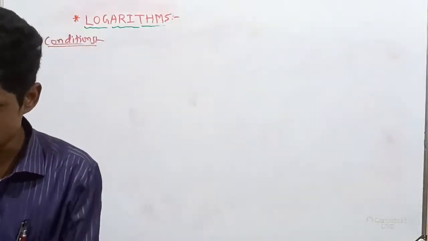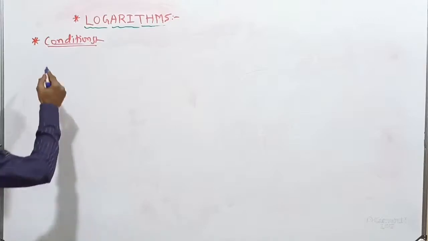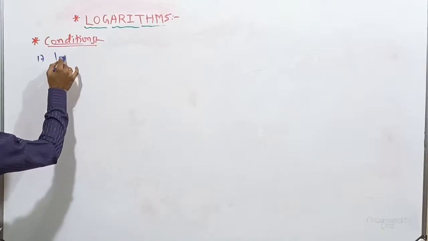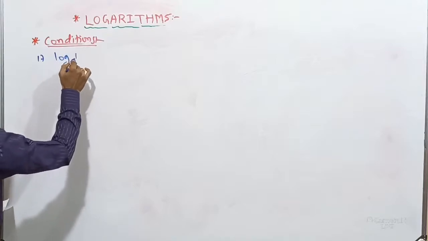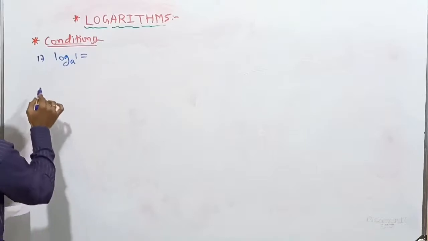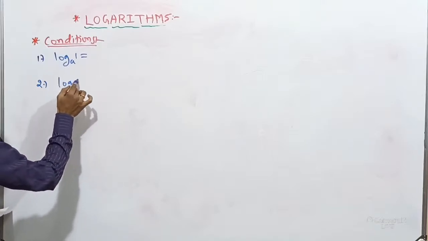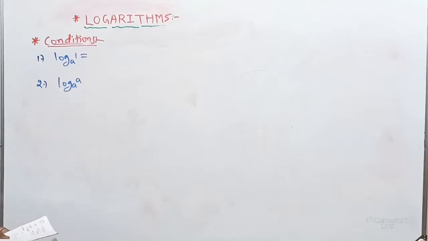Let us take some conditions. The first condition is log of 1 to some base a equal to dash. The second one, in case the number is the same as the base.